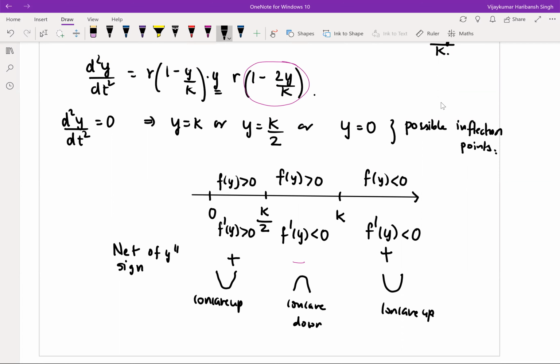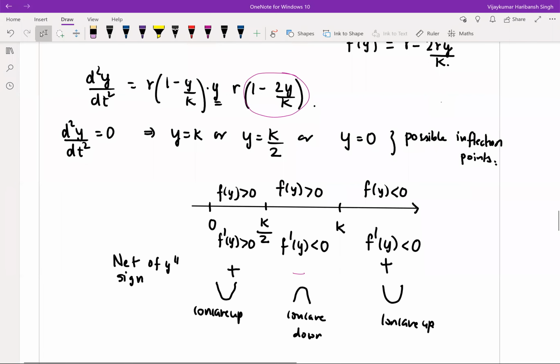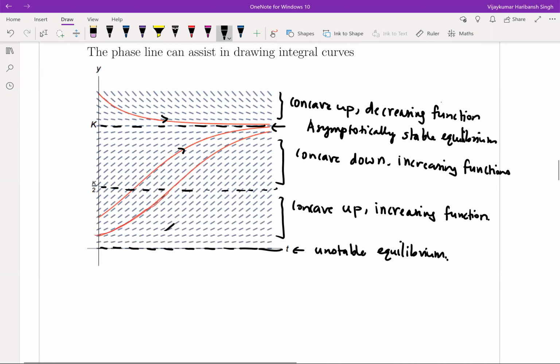Now let's refer back to the direction field. What did we have? From 0 to k/2, we had concave up, and the direction field was positive, so the curves were increasing. So from 0 to k/2, the curves are increasing and concave up.